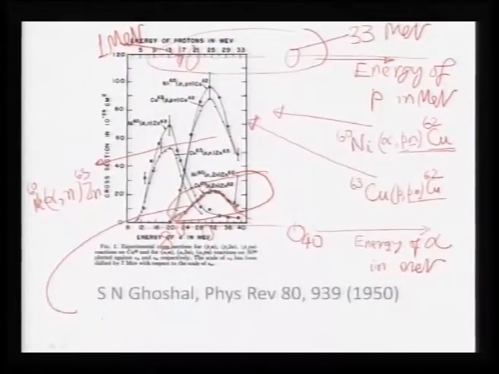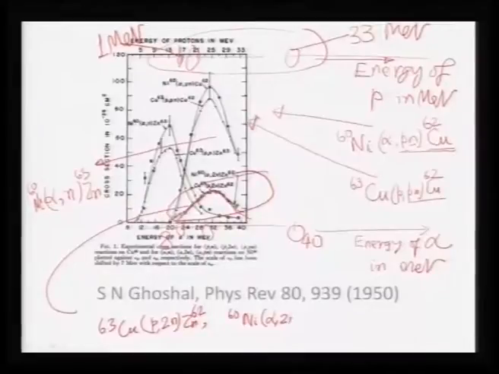Once again, these two correspond to two different reactions, but with the same final product. One is copper 63 and then a proton and two neutrons coming out, zinc 62. The second one is nickel alpha: 60 nickel and then alpha, and two neutrons coming out, zinc 62.